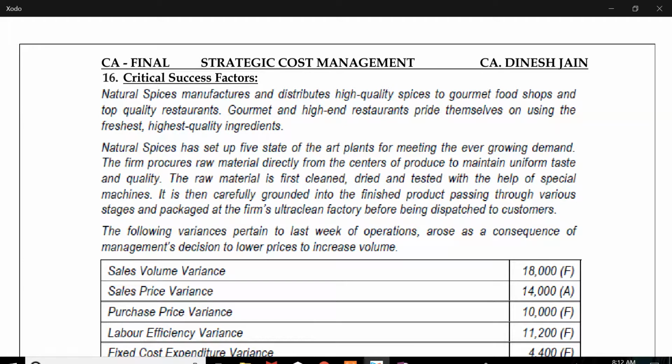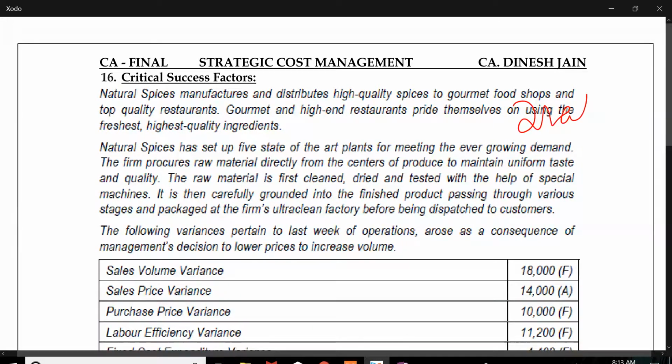If the quality is ensured, they are ready to charge a premium and customers are ready to buy it. Different people will have different strategies. There will be a set of people who focus on price, and a set of people who focus on quality. So in this case, the critical success factor is going to be quality. This is what they want.